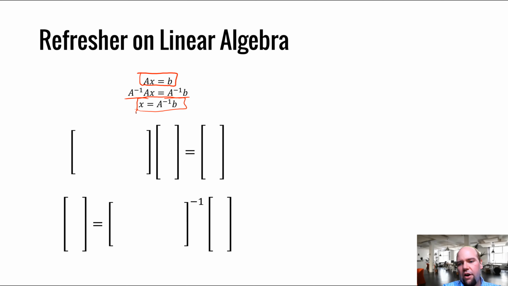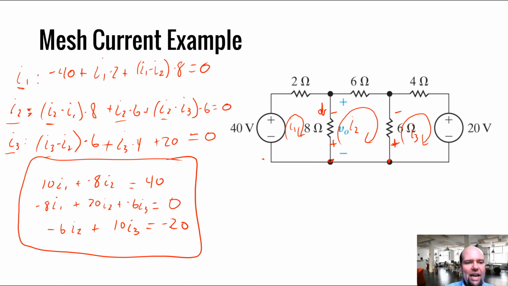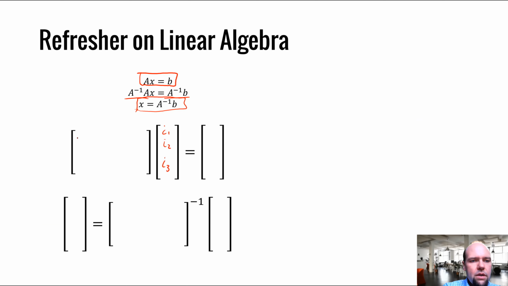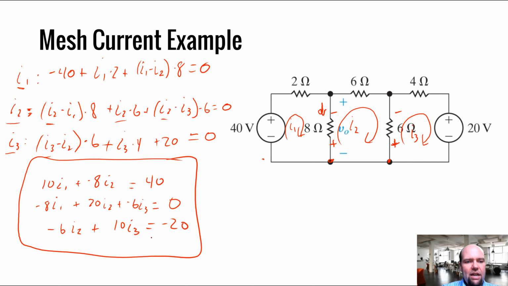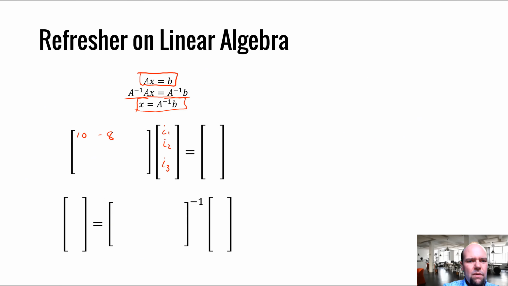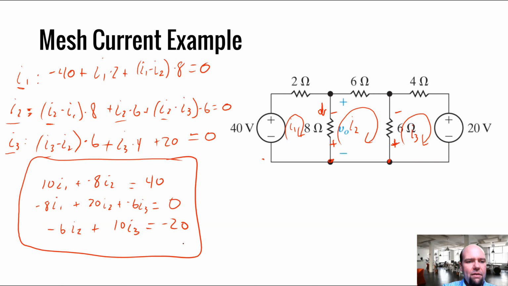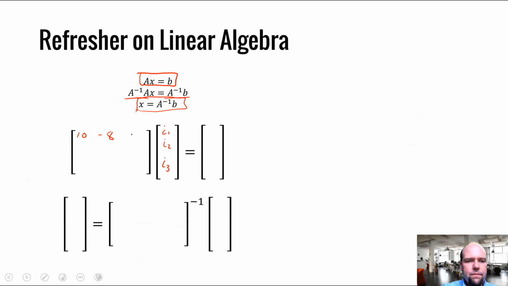So switching our equations to this linear algebra approach, what if we had I1, I2, and I3, and that's our x. And now we represent our equations as coefficients in a matrix. The first equation, I had 10 I1, and then negative 8 I2, and then how many I3 did I have? 0.